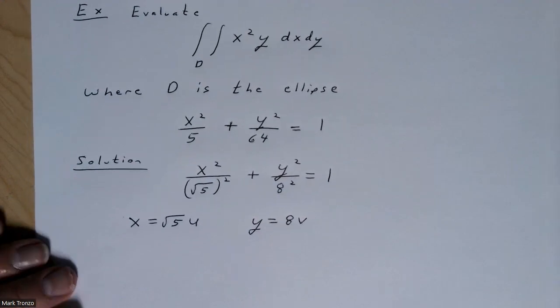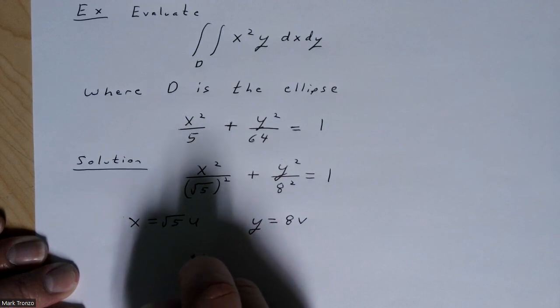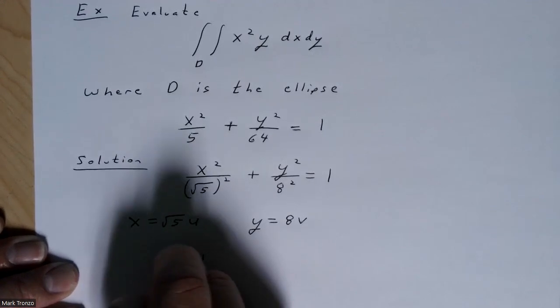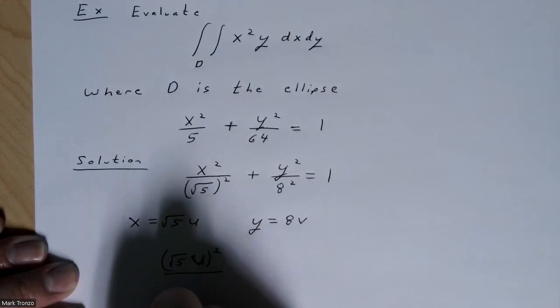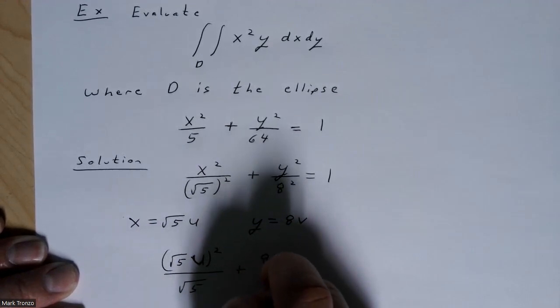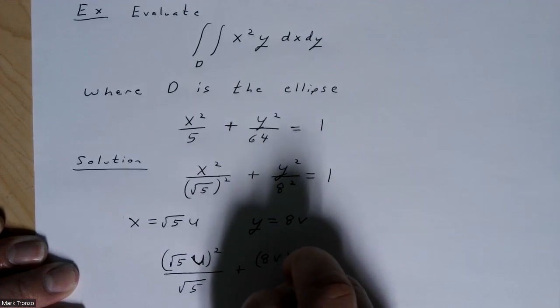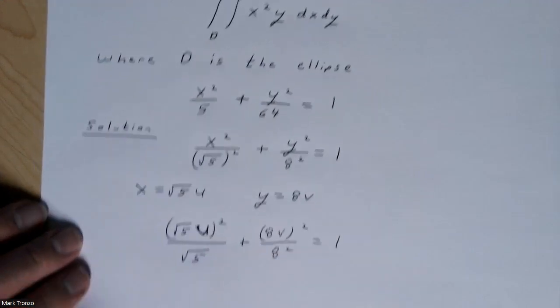And let's put those in and see what we get. We substitute in for x, we'll end up getting square root of 5 u squared over square root of 5 squared plus 8v squared over 8 squared equals 1.